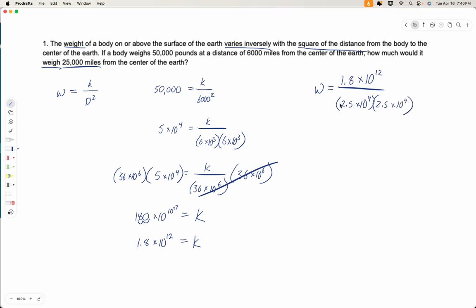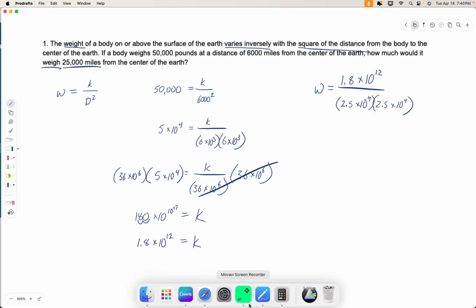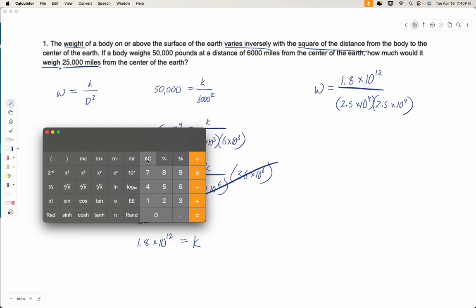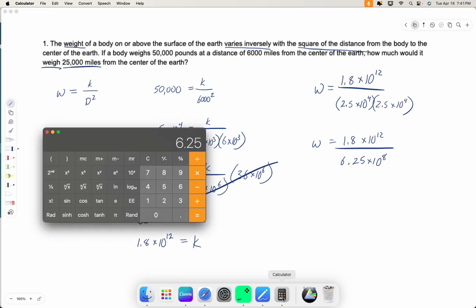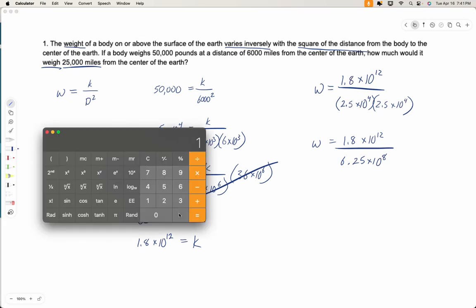All right, so I'm going to multiply these together. 2.5 times 2.5. That's 6.25. And 4 and 4 is 8. So now I need to divide 1.8 by 6.25.